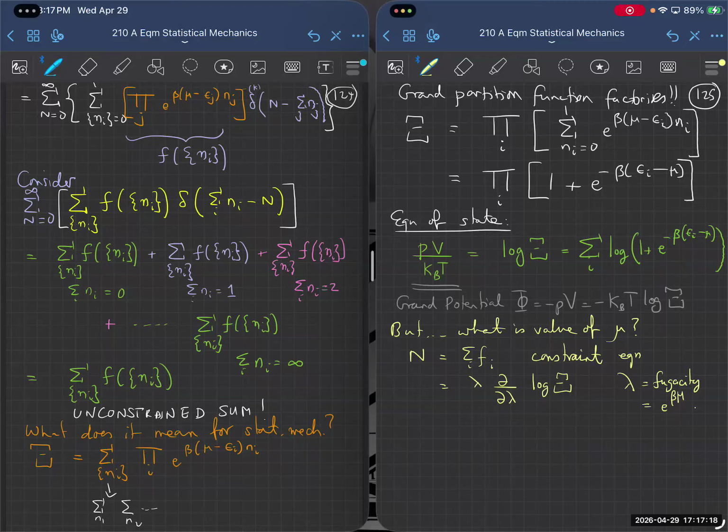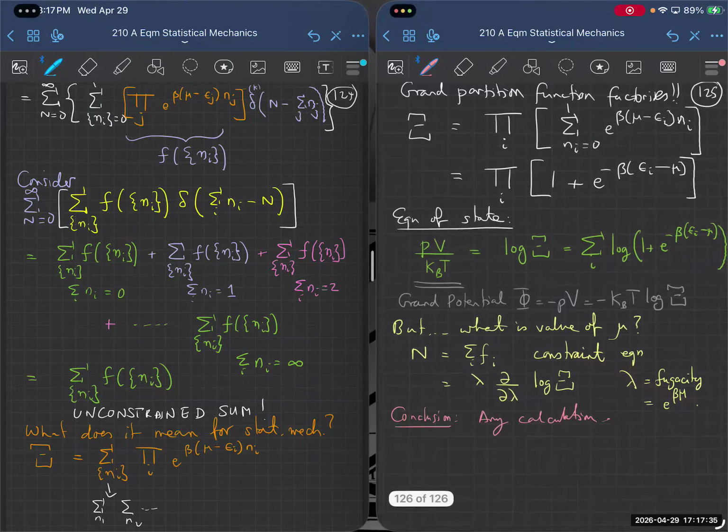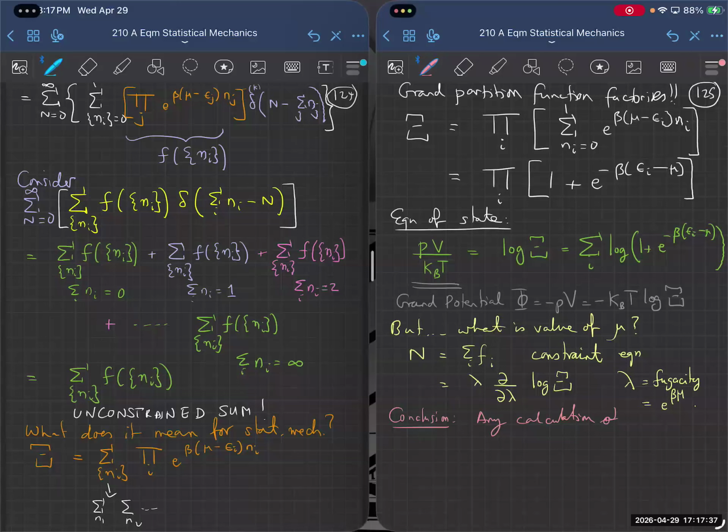So what that means is that in any grand partition function, there are two simultaneous equations.